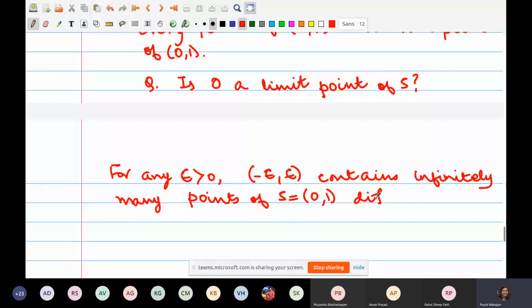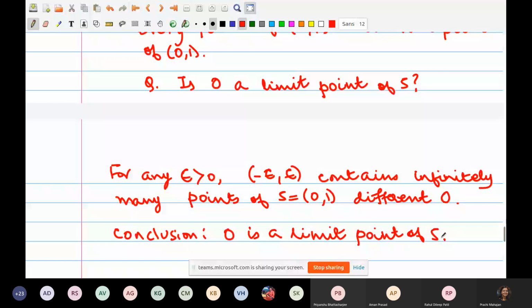In fact, 0 is not a point of the open interval (0, 1). So by the definition above, conclusion, as all of you were pointing out, 0 is a limit point of S. Is that okay?